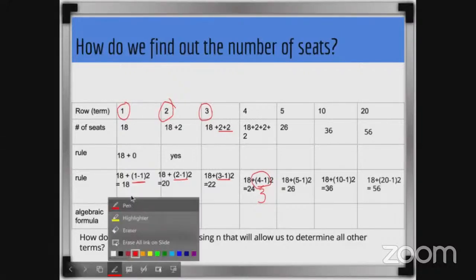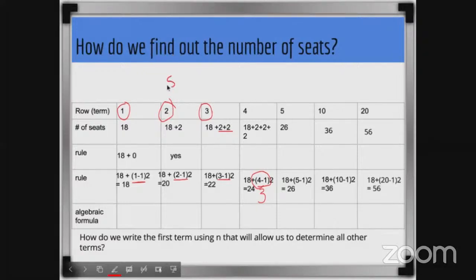So you said S, which is the number of seats, equals, so this is at any row now, 18 plus open bracket R minus 1 close bracket, and then 2 equals, and whatever variable goes in, that's your answer.